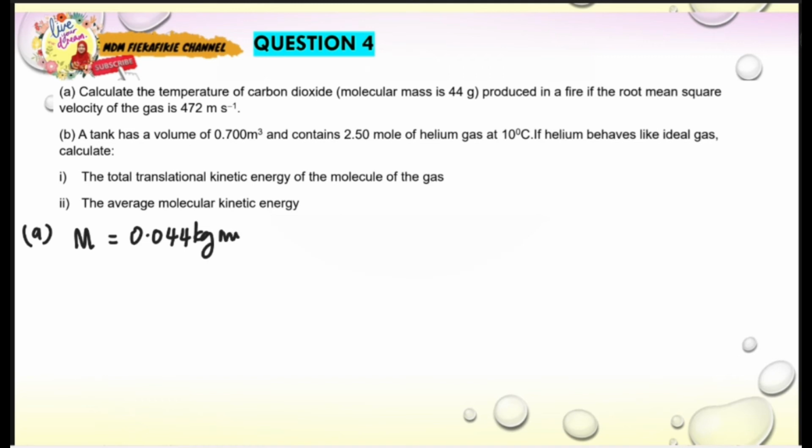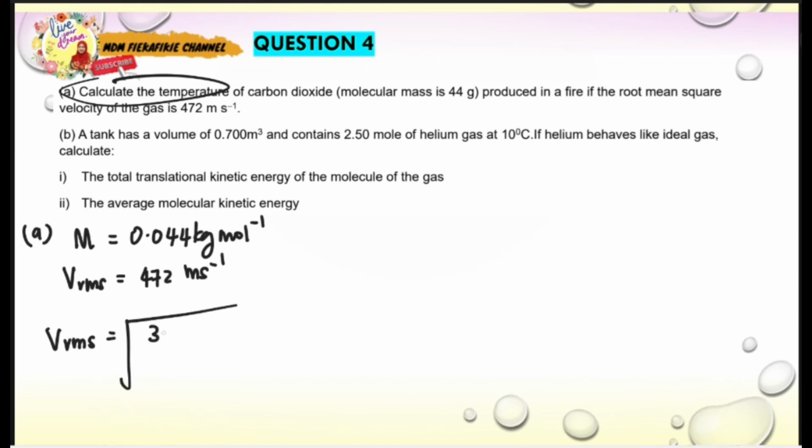0.044 kg per mole for the molar mass, and then we have VRMS 472 meter per second. So now we want to calculate the temperature T. Okay, so macam sebelum ni kita akan guna formula VRMS is equal to square root 3RT, sebab kita ada molar mass.